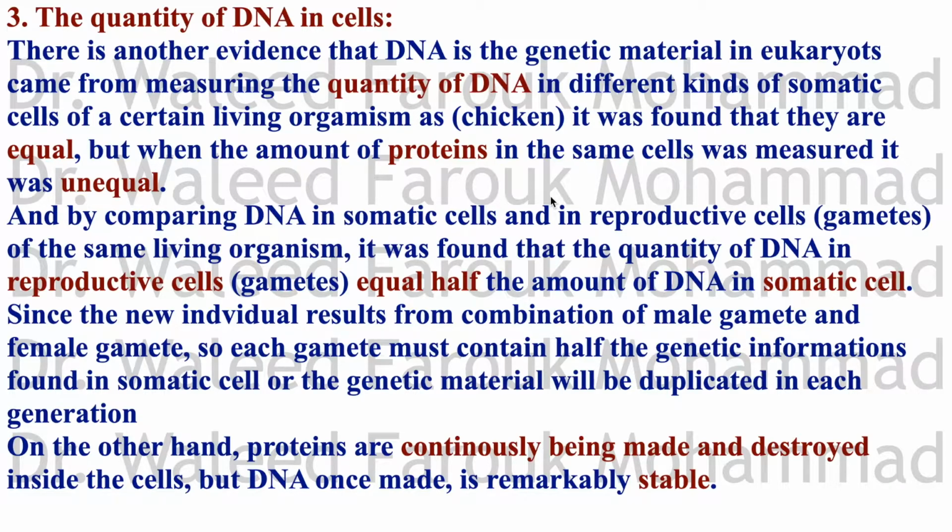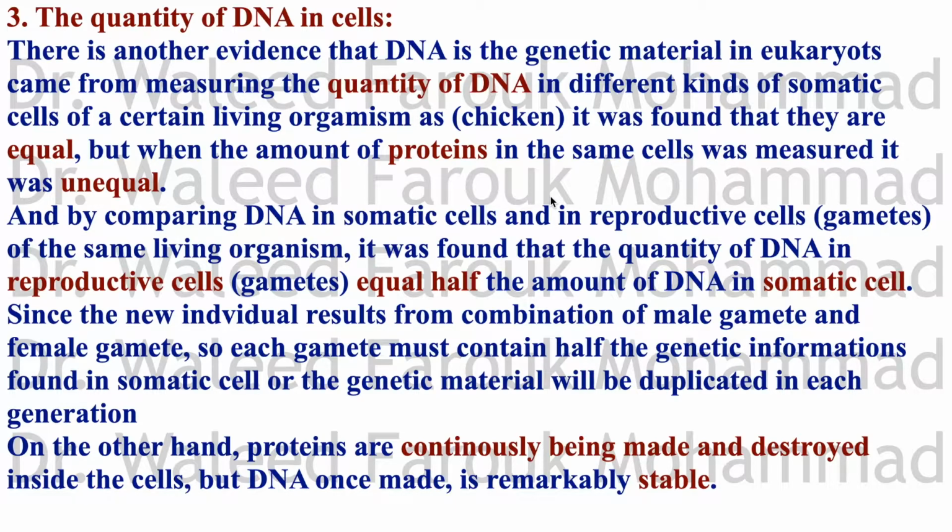So when comparing the somatic cells and reproductive cells, remember, from reproduction, it's the gametes, the haploid number. They carry the haploid number of chromosomes, or half the genetic material, half the amount of DNA in the somatic cell.